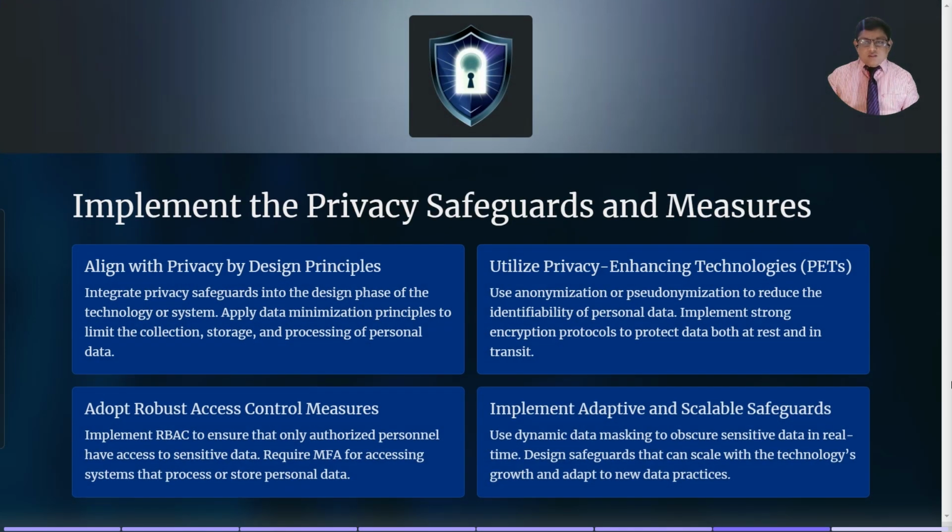Implement the privacy safeguards and measures. Align with the privacy by design principles. Integrate privacy safeguards into the design phase of the technology or system. Apply data minimization principles to limit the collection, storage, and processing of personal data. Adopt robust access control measures.